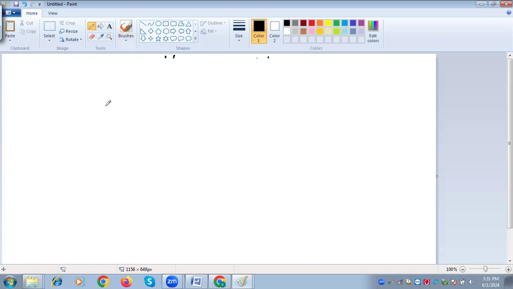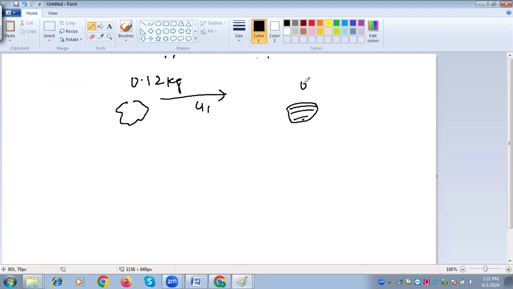Okay, so here the soft object, its mass is 0.12 kg and it is thrown with a certain speed u1, which is not known, and this is your coconut. Its mass is 0.48 kg, and in the beginning its momentum is 0 because its u2 is 0.